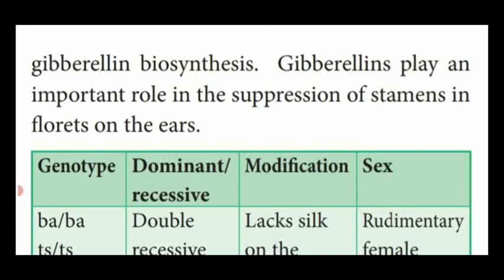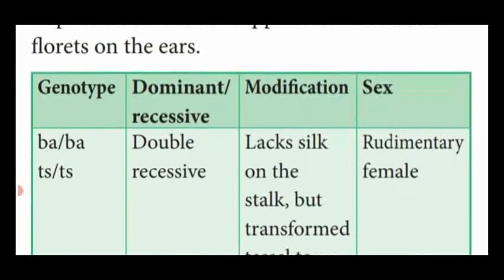See the genotypic ratio, dominant or recessive, what modification takes place, how the sex is determined. First one, the genotype ba ba in homozygous condition, likewise ts ts. Both of them are written in small letters.